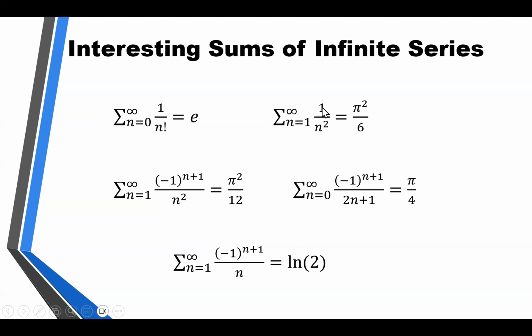If you add up 1 over n squared from 1 to infinity, it turns out you get pi squared over 6. Again, it's pretty interesting that we're adding up a bunch of 1 over squares and we're ending up with a pi squared in the numerator.